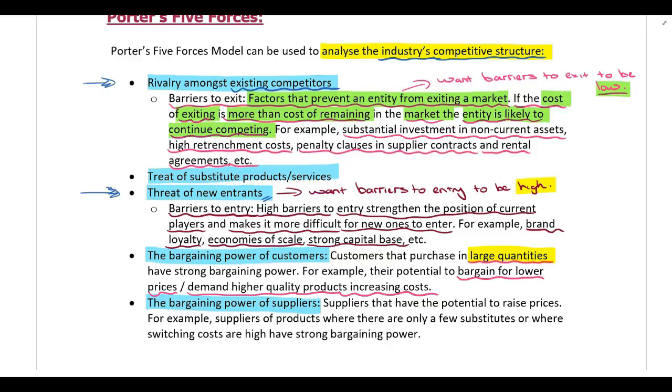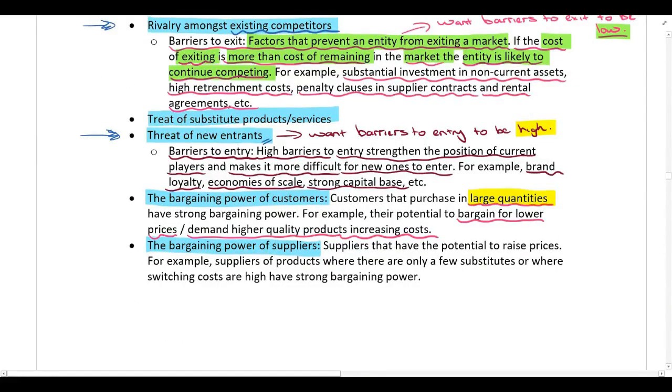Lastly, if we look at the bargaining power of suppliers, here we are talking about suppliers that have the potential to raise prices. So for example, if we have suppliers of products where there are only a few substitutes, then the supplier is more likely to increase their price and you are just going to have to accept that increased price because you can't get the product anywhere else.